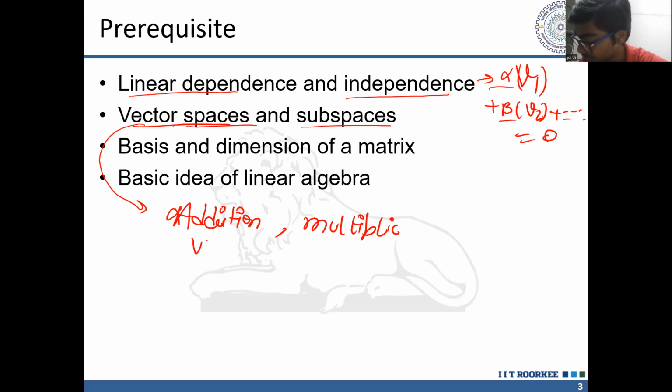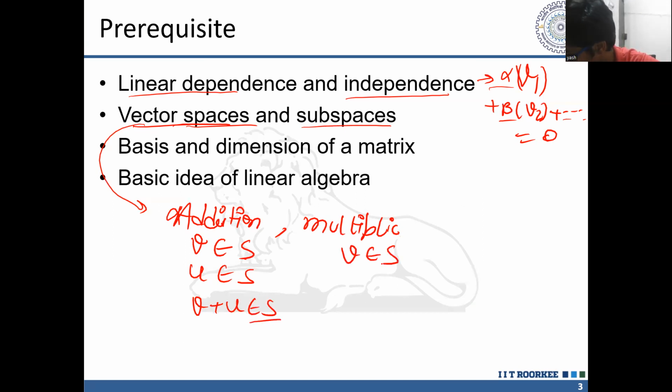If V belongs to a space S, and vector U belongs to the space S, then V plus U must also belong to the same space. And if V belongs to space S, then lambda times V must also belong to space S. So that is the basic requirement for a set of vectors to be in a vector space.